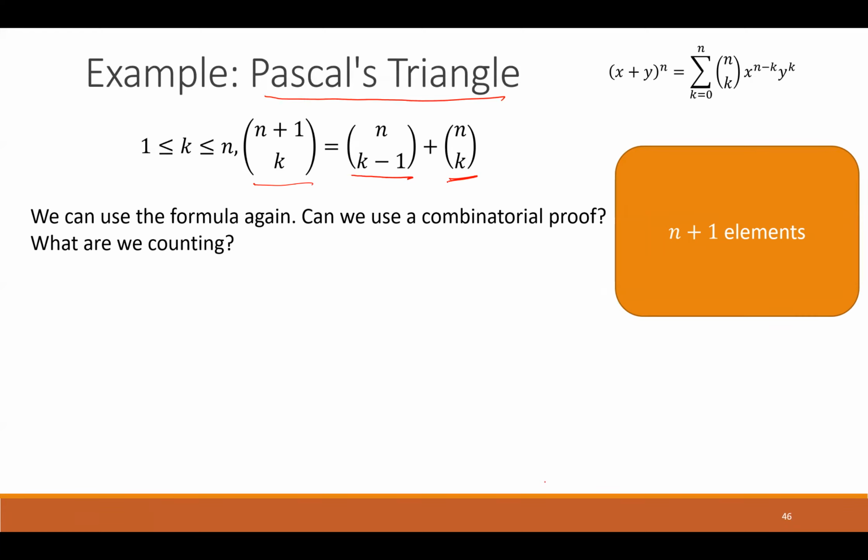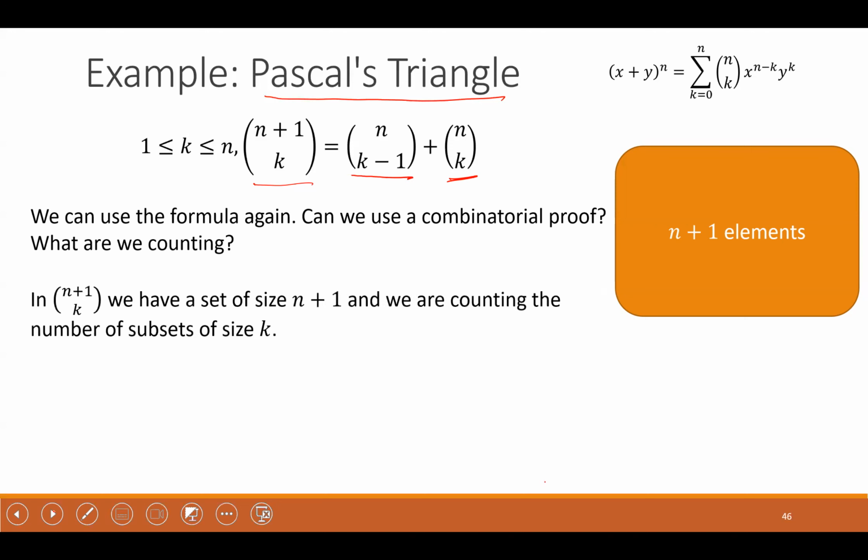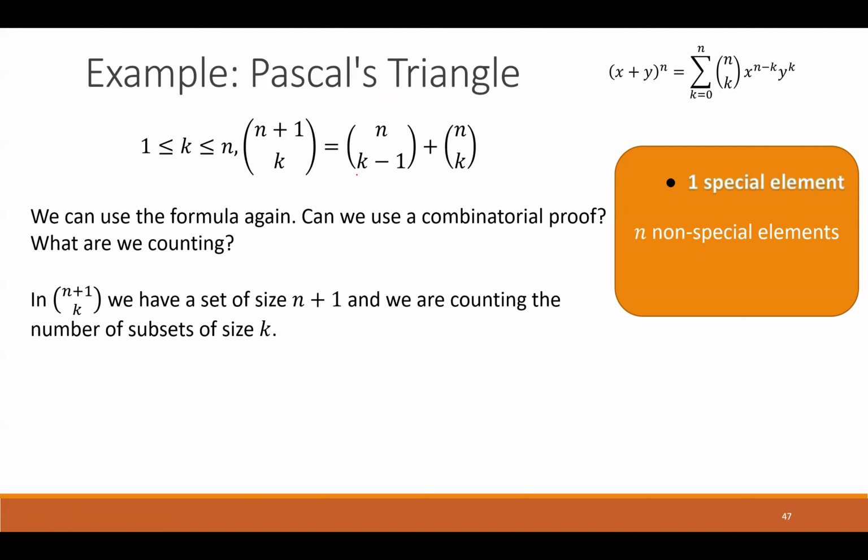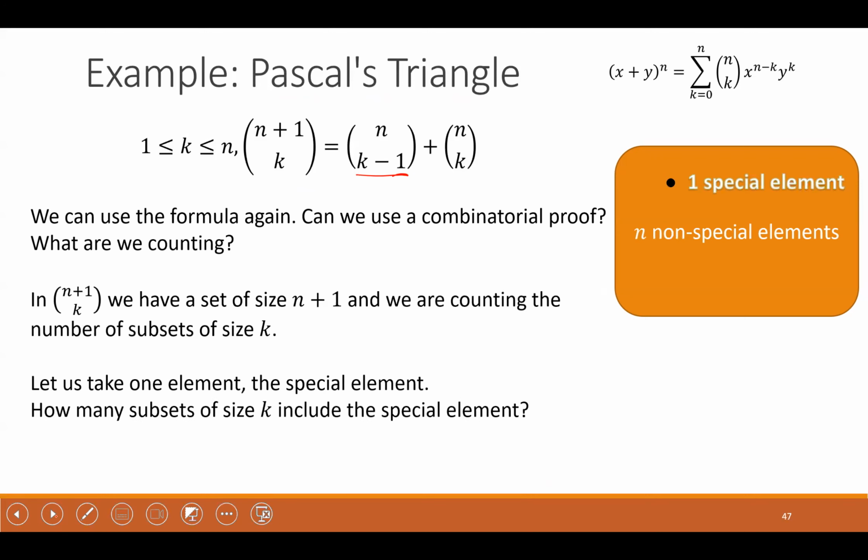All right, so how can I do that? Well, I know this is choosing a set of size k minus 1 from a set of size n. I'm going to make one element a special element. Right, so I just choose one, doesn't matter which one, and I'm going to say this is my special element. And then I'm going to count the number of subsets of size k that include this special element. Right, so how many are there?